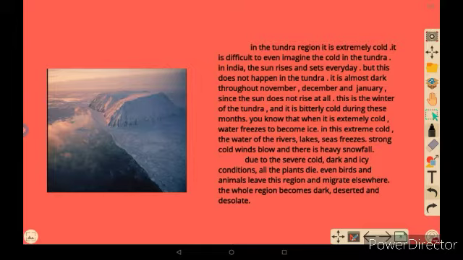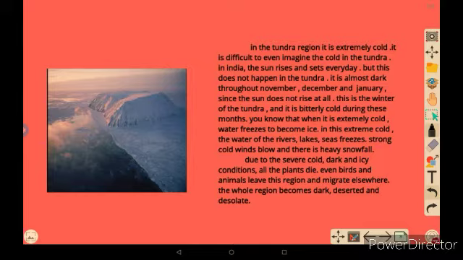Rivers, lakes, seas, all the water bodies freeze because of the coldness. The strong cold winds blow, and there is heavy snowfall also. Due to the extreme, severe coldness, dark and icy conditions, there is no vegetation in the winter season.